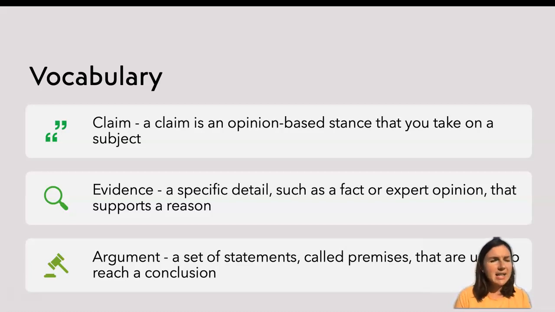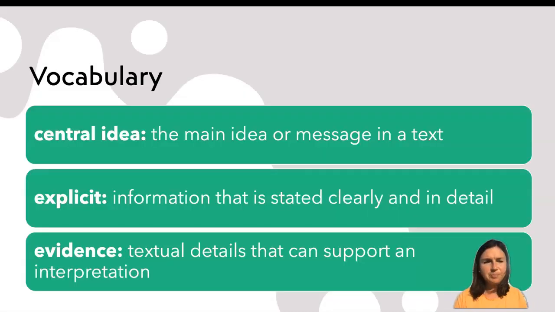So whenever we're making a claim, as you've done in English 7A, we've written argument essays, research reports. We are making a claim by providing evidence to support that claim. And an argument is a set of statements called premises that are used to reach a conclusion.